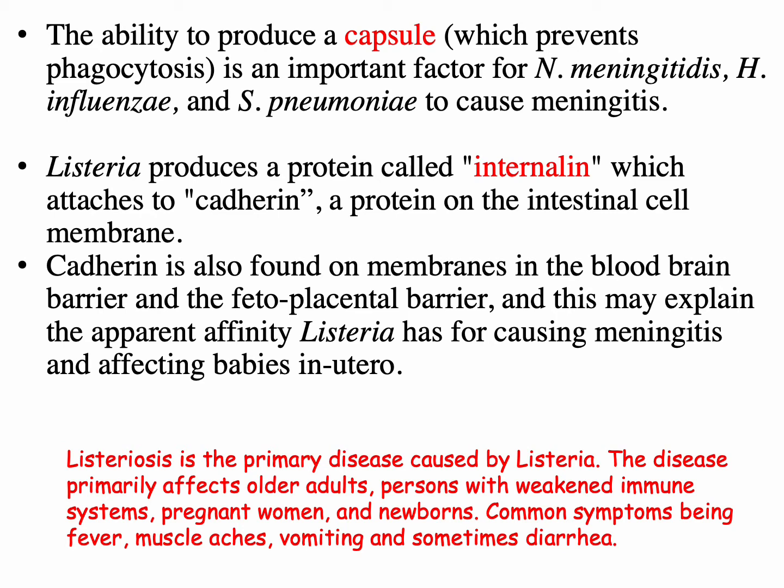Listeria is interesting because it produces a special protein called internalin, which attaches to another protein called cadherin. Cadherin is a protein found on the intestinal cell membrane. So our intestinal cells produce this cadherin on the membrane, and then Listeria produces a protein on the cell wall called internalin.